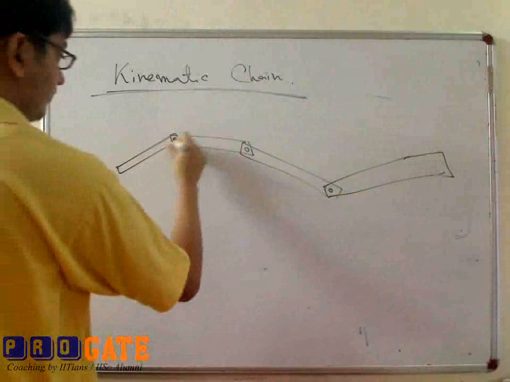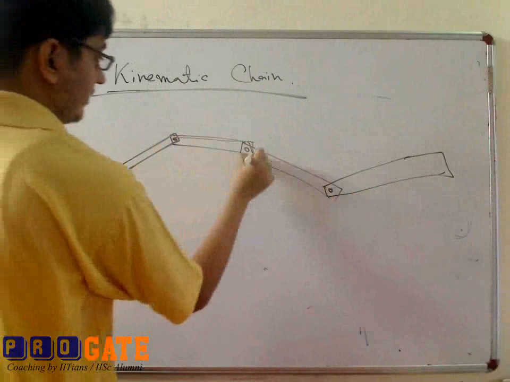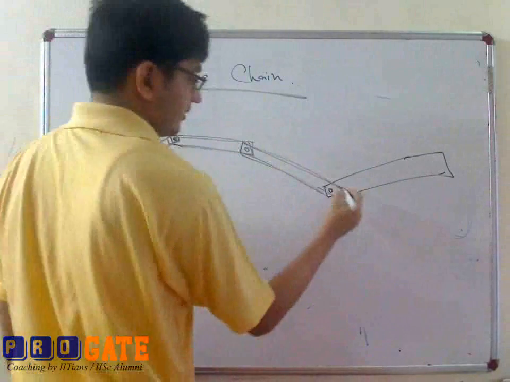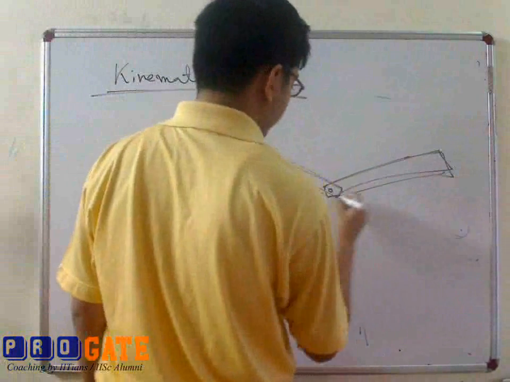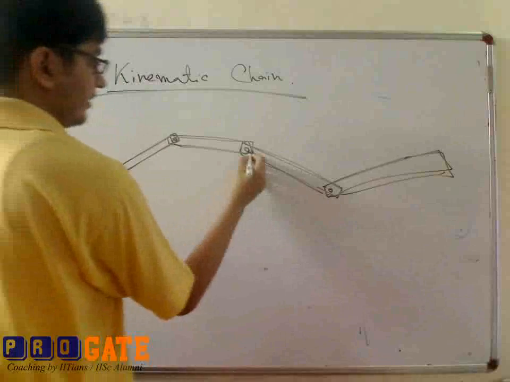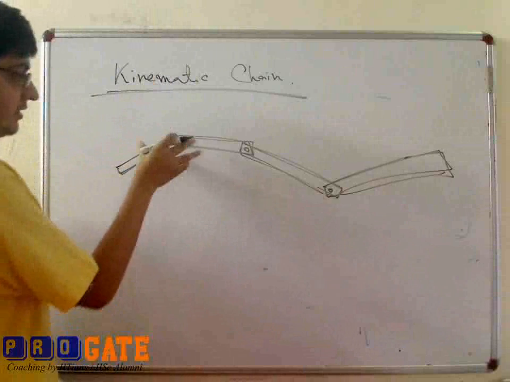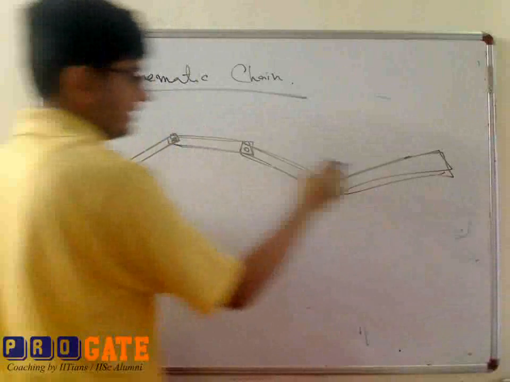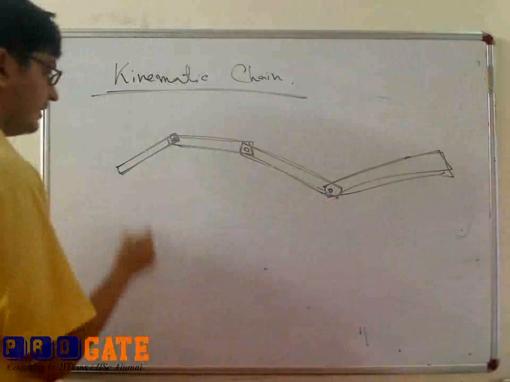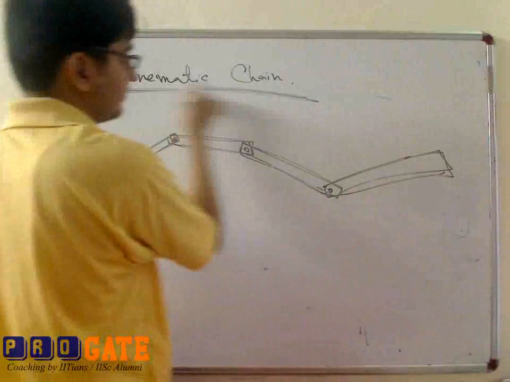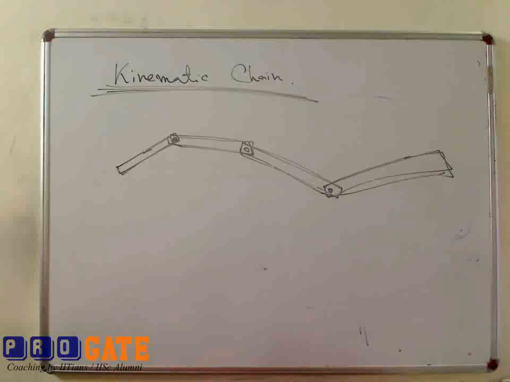So this is the first element, second element, third element and fourth element. The number of pairs is 1, 2, 3. Then this configuration is known as a kinematic chain.